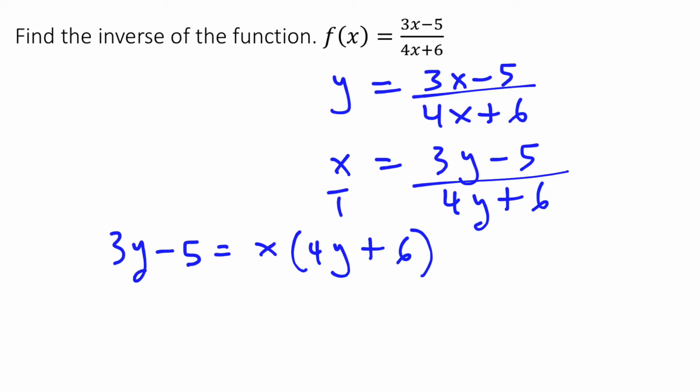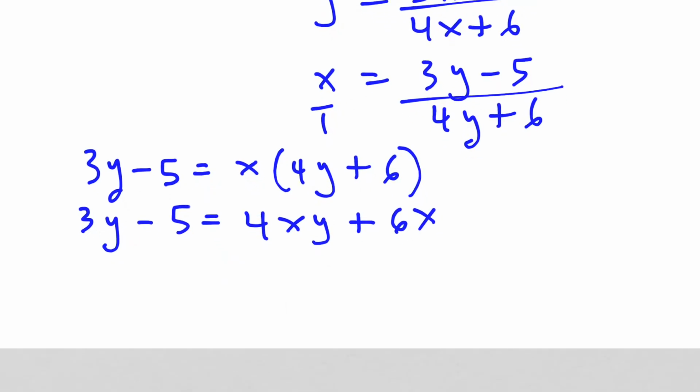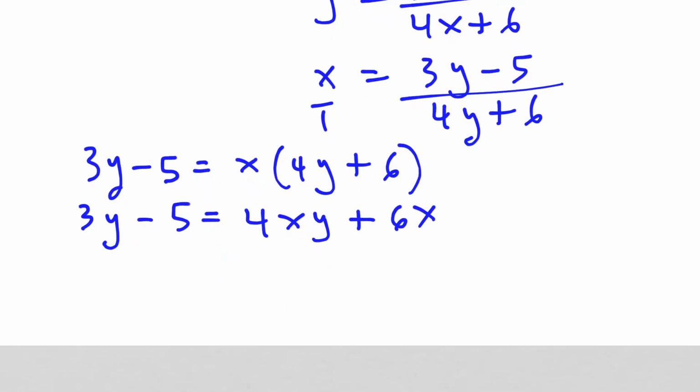So let's distribute out that x. So that's 4xy plus 6x. Now we're solving for y, so we're going to combine all of the y terms onto one side and all of the non-y terms onto the other side. So I'm going to subtract 4xy over to this side.